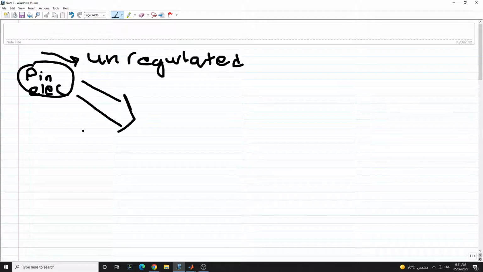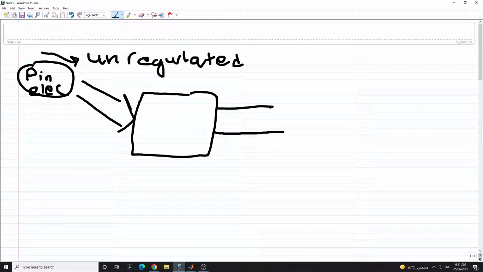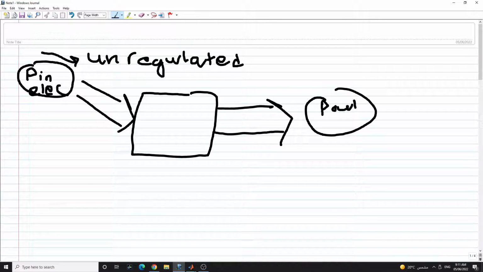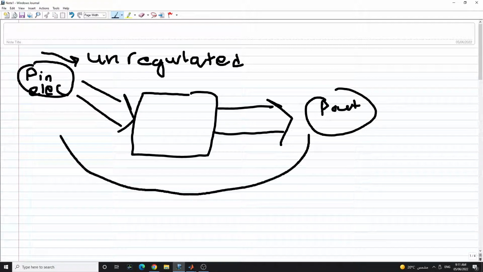We can say modify, we can say regulate, we can say change its form. There are multiple definitions for this. Using some sort of device, we turn it into another form of power, which is our output power. So this output power is nothing but a modified, or regulated, form of the input power.